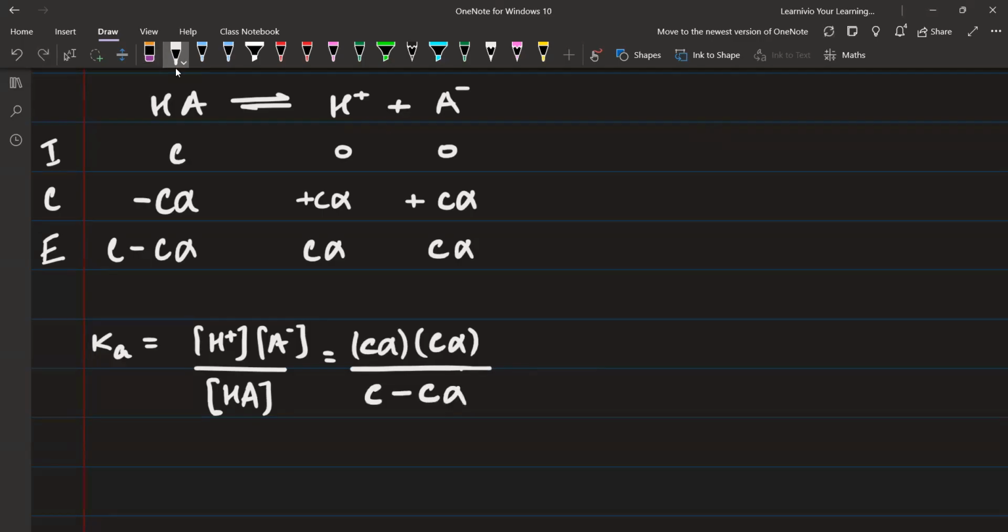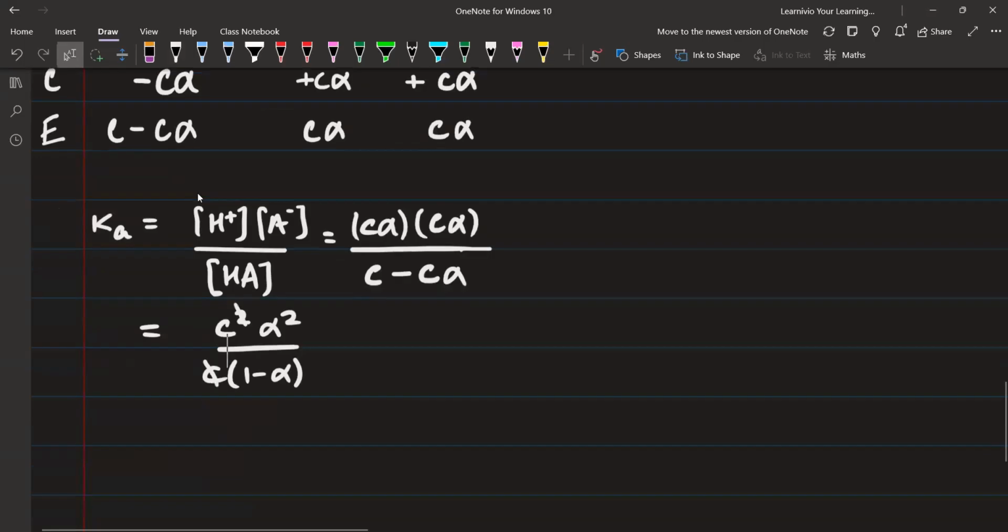We can take C common here, and you will get C square alpha square divided by C into 1 minus alpha. Make sense? Yes, sir. C and C square will get cancelled. So our Ka will be equal to C alpha square upon 1 minus alpha. Make sense? Yes or no?